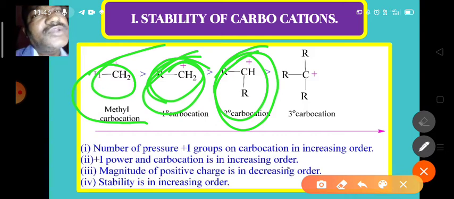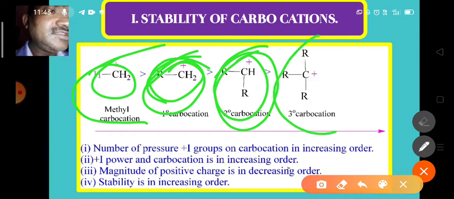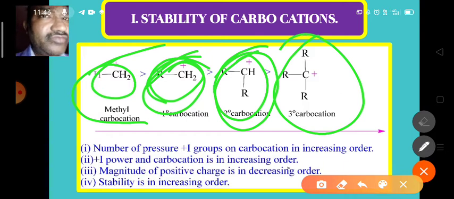For the secondary carbocation we take the isopropyl carbocation as the example, and this is the tertiary carbocation. For the tertiary carbocation we take tertiary butyl carbocation as the best example.